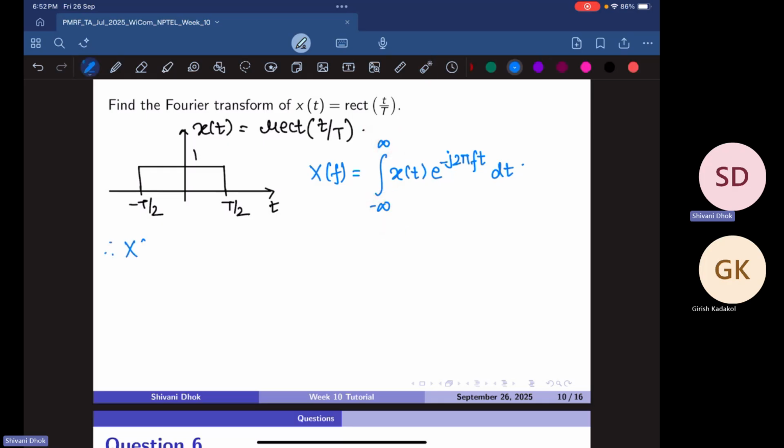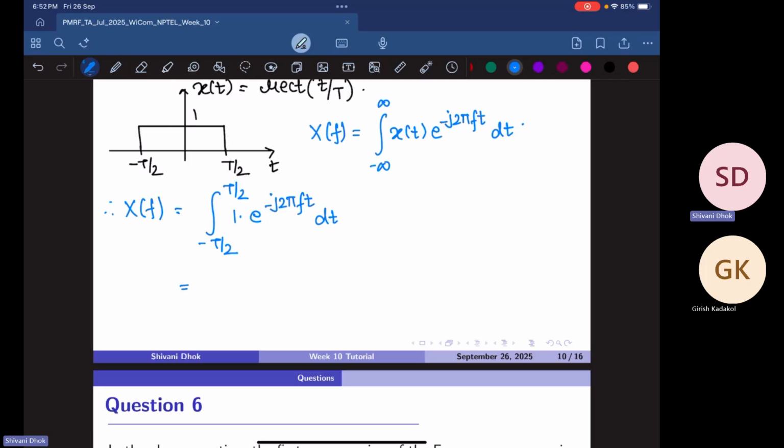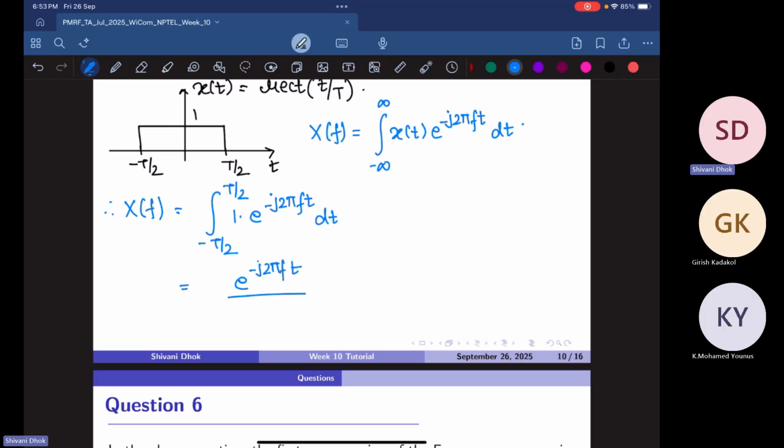So X of f is the integral from minus T by 2 to T by 2 of 1 into e power minus j 2 pi f t dt. This comes out to be e power minus j 2 pi f t upon minus j 2 pi f, from minus T by 2 to T by 2.